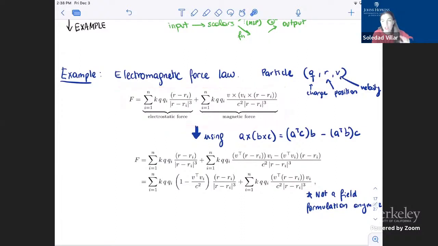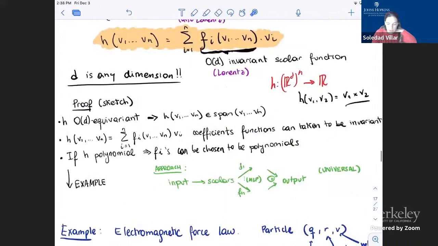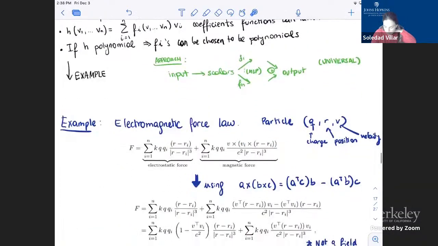You think, okay, this force is actually not written in terms of scalar products, because you're using these cross products here. But there exists a reparametrization of this function, using the property that you can write this sequence of cross products in terms of scalars, and then you can rewrite this function so that it's in this form. So every equivariant function that you see in physics, you can write in this form, and that's one example.